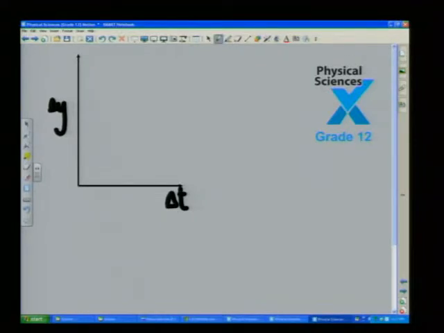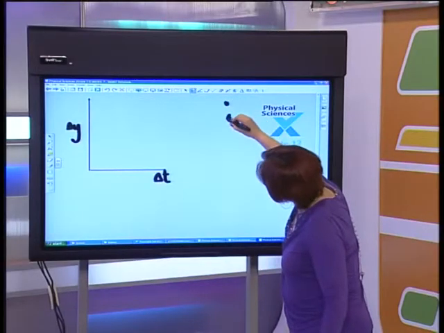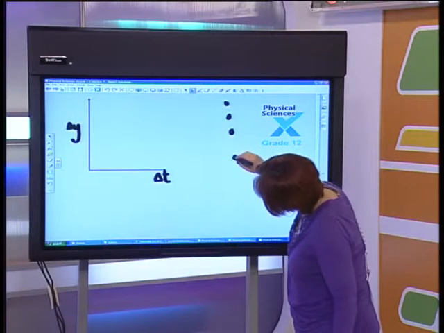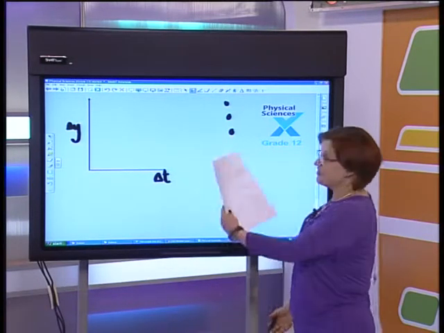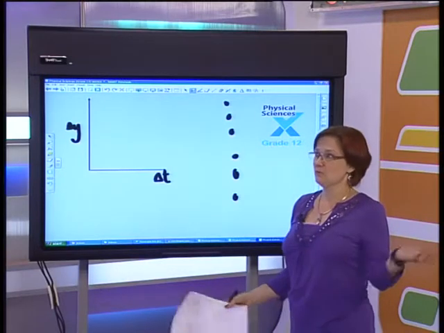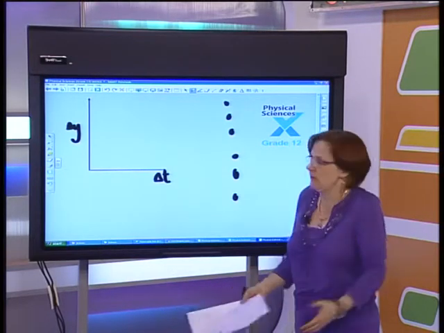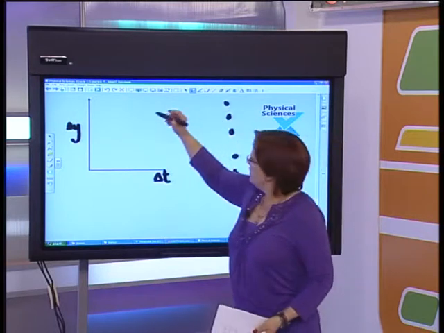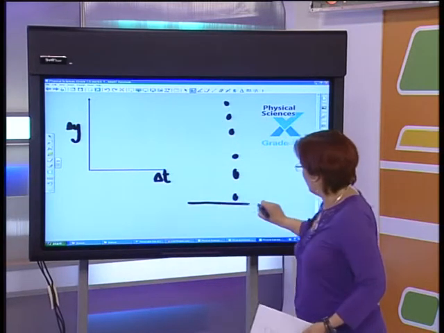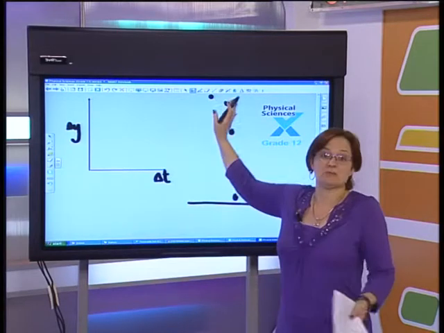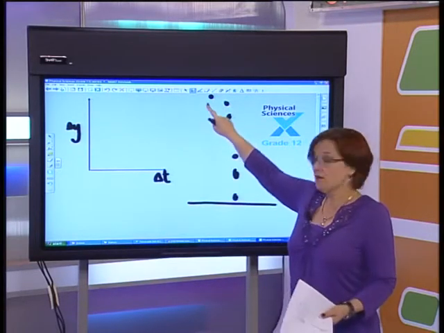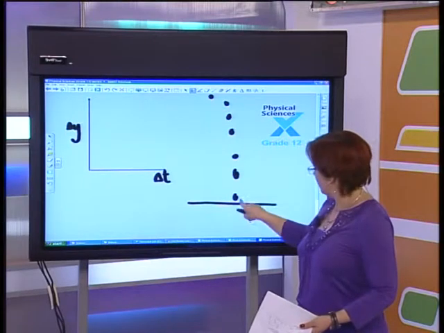Now we've got an object that's falling to the ground. As it falls down, it gets further and further apart. Which way do we want to make positive? Down, because that's the way it went. If this is my starting position, that would be displacement 0 at the top. It's going down and getting further away.